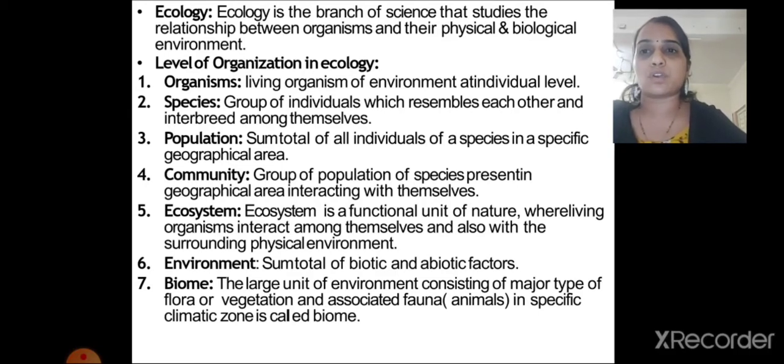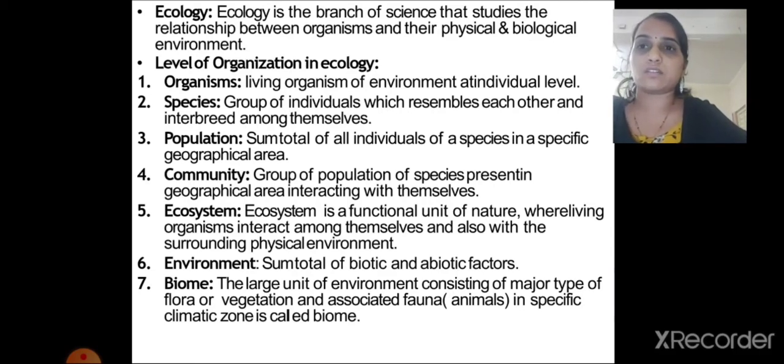In that, first is organism. The first level of ecology is the organism, the living organism of the environment at the individual level, which is a very important component of ecology. So all the living organisms of that environment are the major factor of ecology.